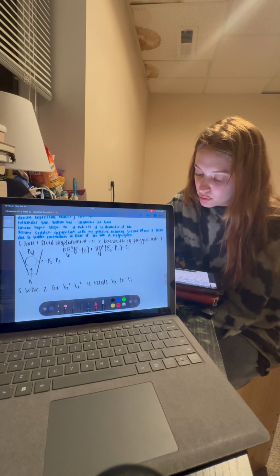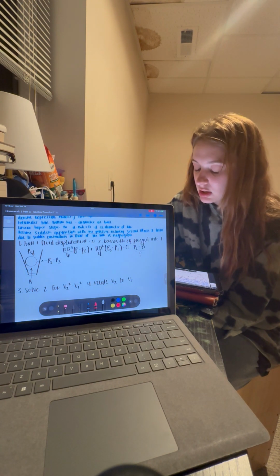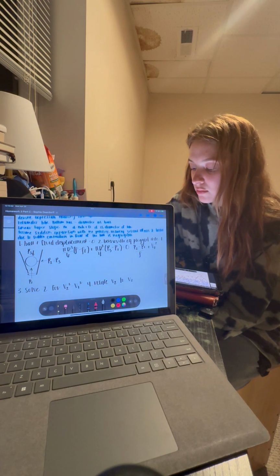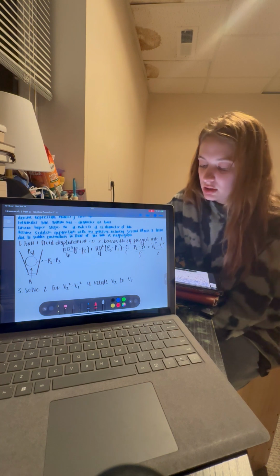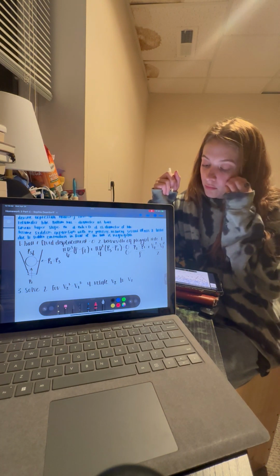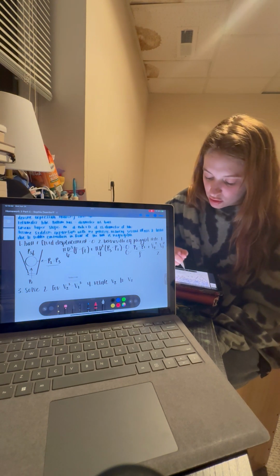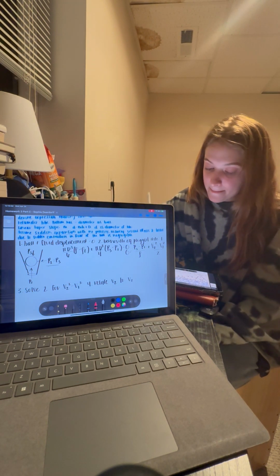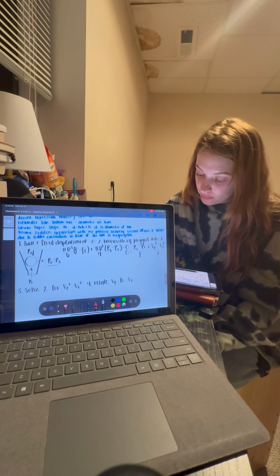So we know Bernoulli's equation is P2 minus P1 over density plus V2 squared minus V1 squared over 2 is equal to 0. Because of what we wrote here, we can substitute 2 for 3 and solve for this.